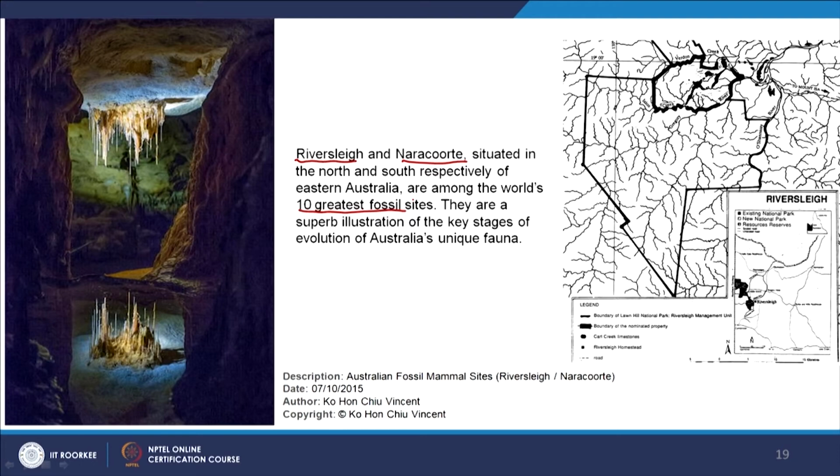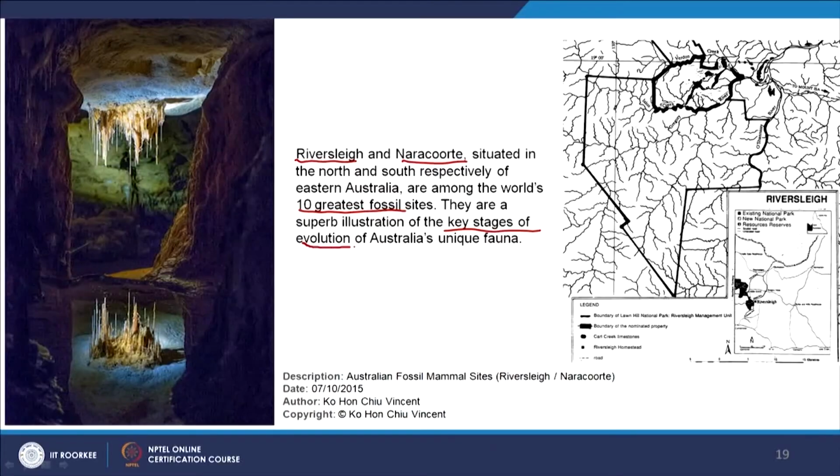So what you see here is a good record of how the flora and the fauna have developed, and how the mammals have developed. So this particular site illustrates the key stages of Australia's unique fauna.